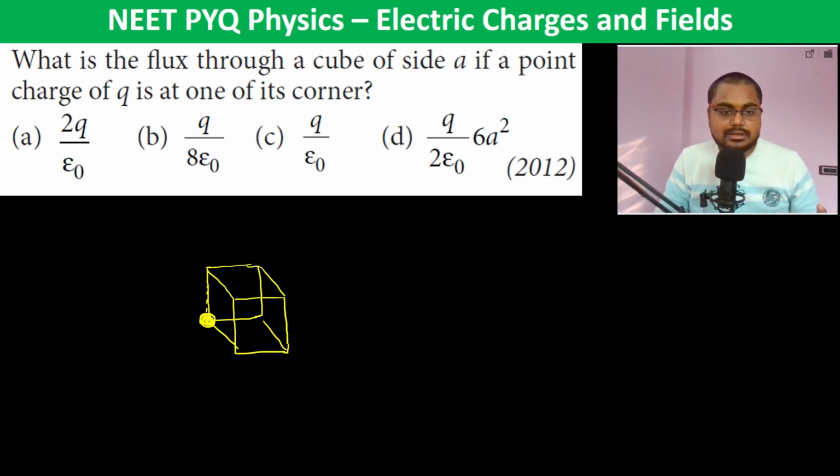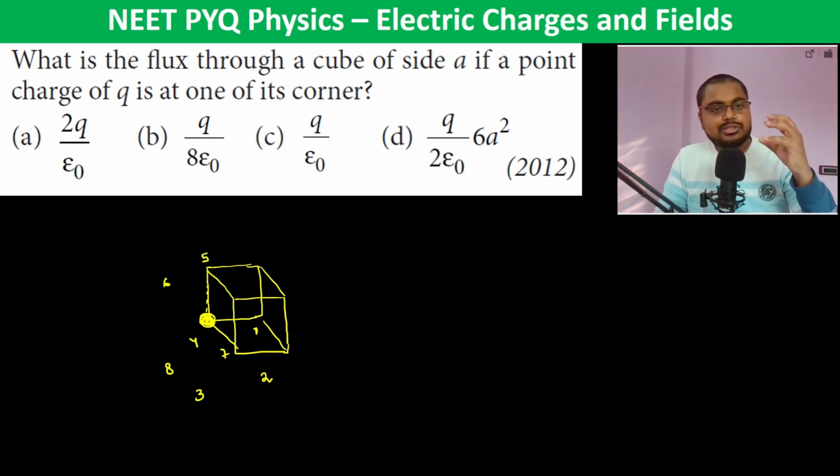To completely enclose it, how many cubes will we need? This is one cube here, 3, 4, and then that side also 5, 6, below 7 and 8. Otherwise some part will be out. So therefore this charge Q is going to be divided into 8 parts.